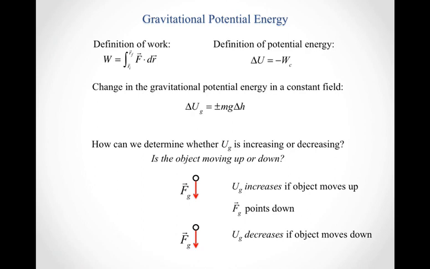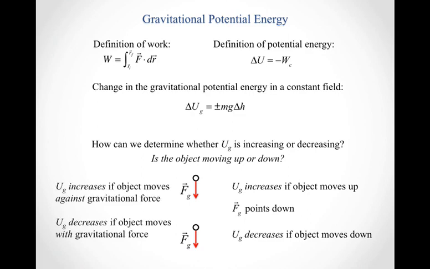So we can reframe the way we're thinking about whether or not the gravitational potential energy is increasing or decreasing to say that the gravitational potential energy increases if your object moves against the gravitational force. When it moved up, if the force pointed down, it was moving against the gravitational force, and the gravitational potential energy increased. On the other hand, if your object moved down, then it was moving with the gravitational force, and so the gravitational potential energy decreases if our object moves with the gravitational force.